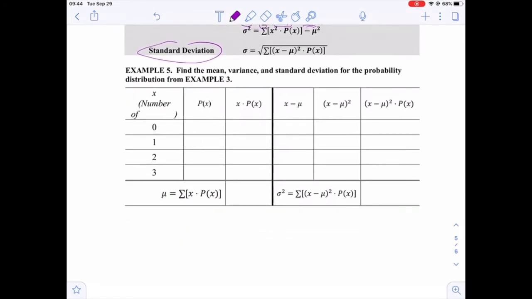Now let's take an example. Here we have, in the previous example, example 3, when we toss a coin 3 times or toss 3 fair coins, we have the following distribution. X is number of heads. We have either 0, 1, 2, or 3 heads. We find the probabilities.